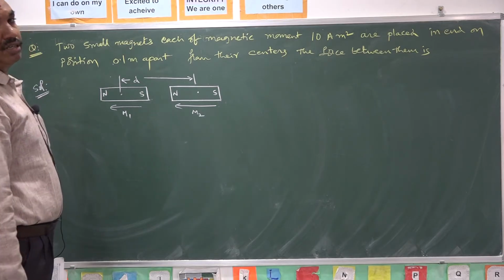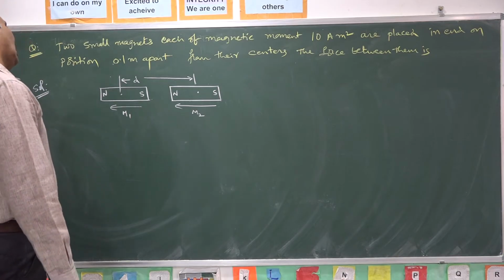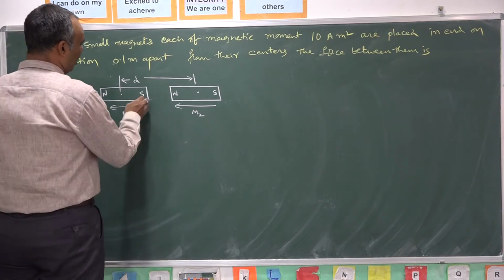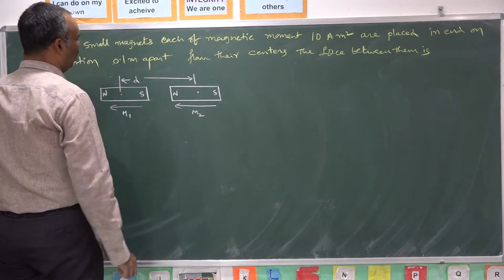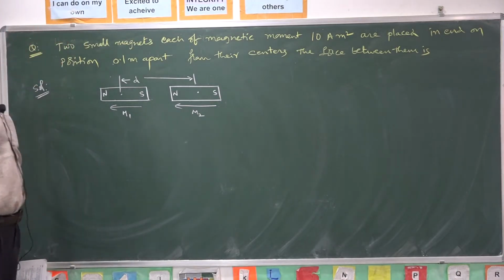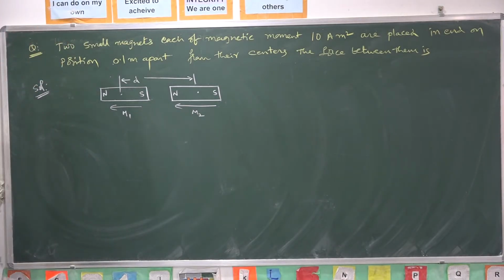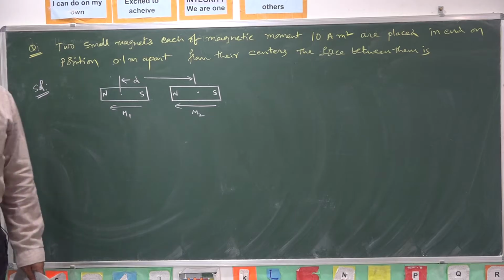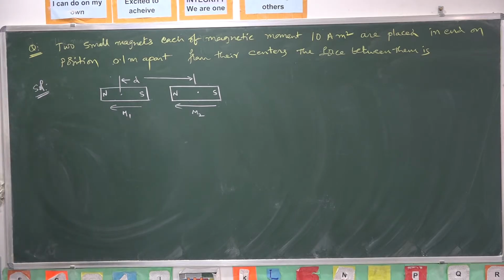But here they did not give isolated magnetic poles, they gave magnetic dipoles. Now we require the expression for force between these two bar magnets of magnetic moments M1 and M2 when they are separated by a distance D. So do you know the formula for this? Otherwise, are you able to derive the formula? Let us check.